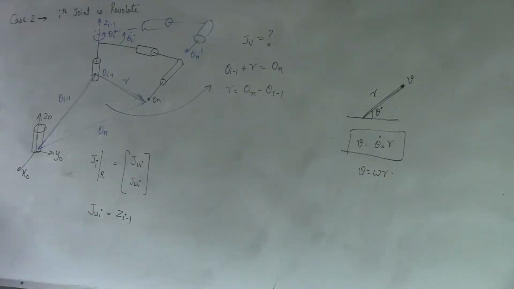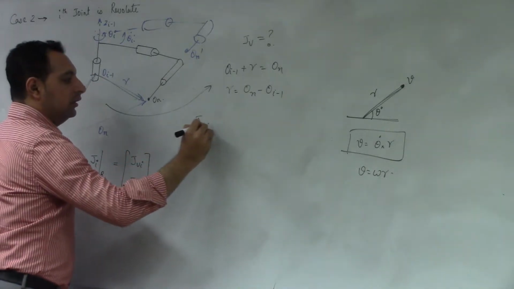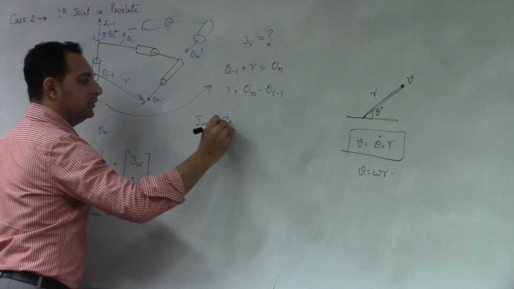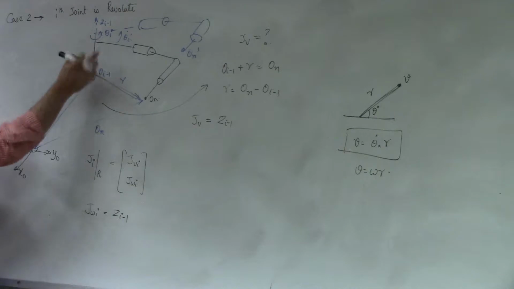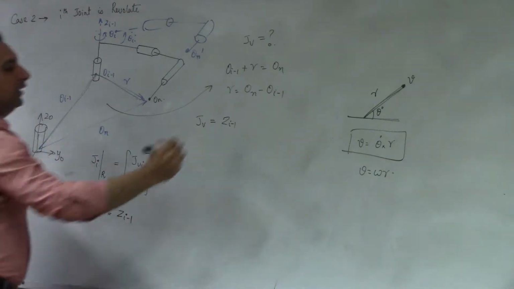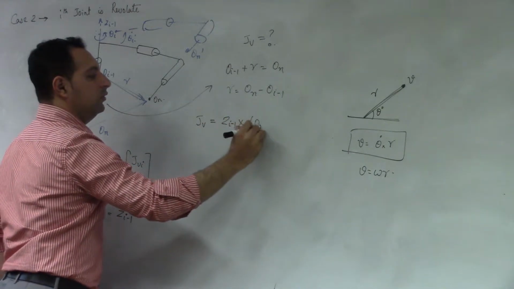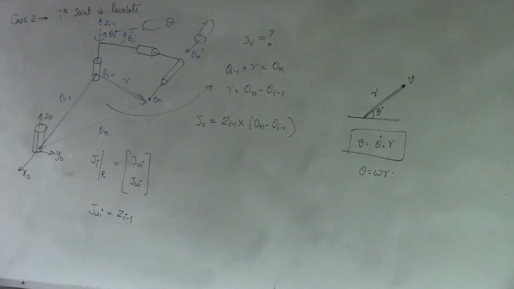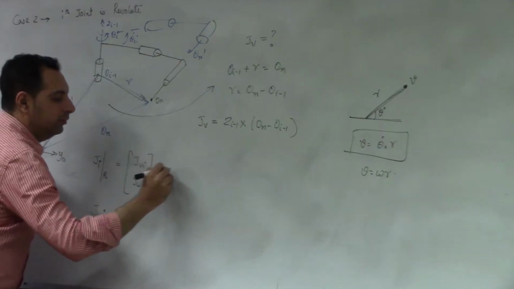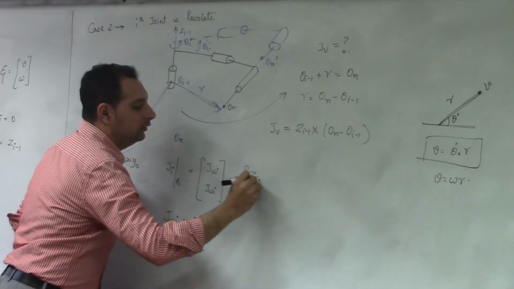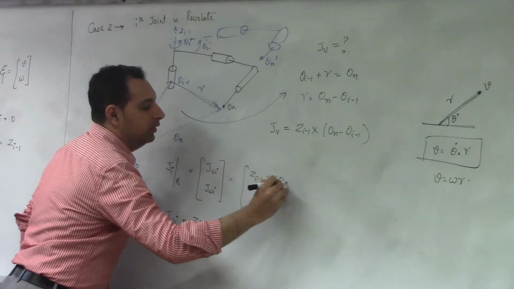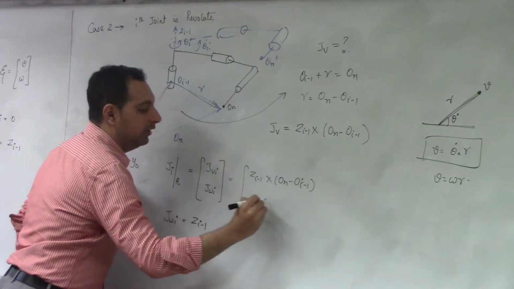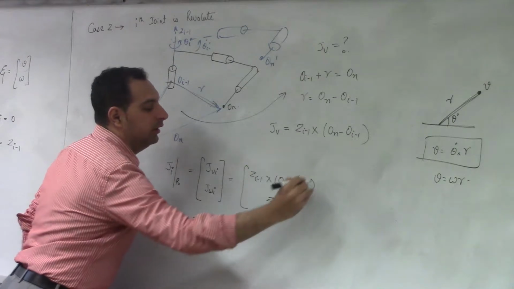So now we can say that JV will be a cross product. JV will be equal to the cross product of Zi minus 1, because the axis of rotation of theta dot is this, cross ON minus OI minus 1. So this matrix for a revolute joint will be equal to Zi minus 1 cross ON minus OI minus 1.